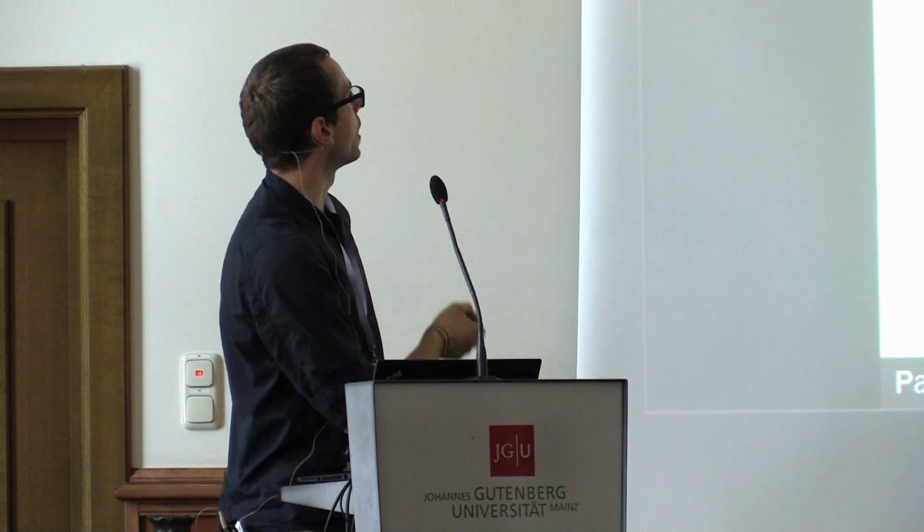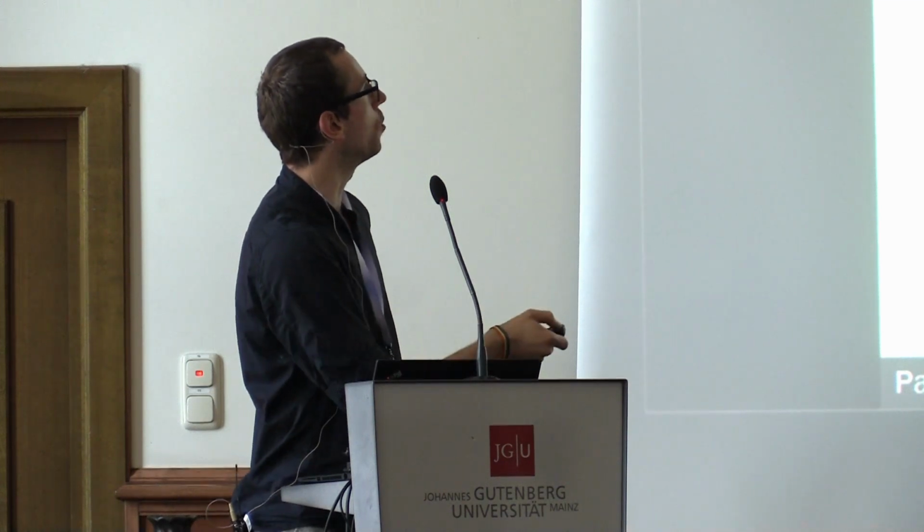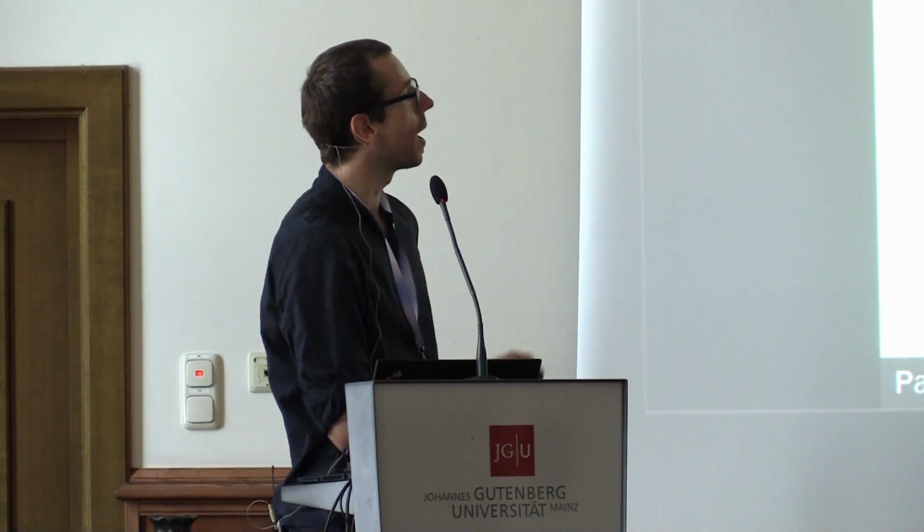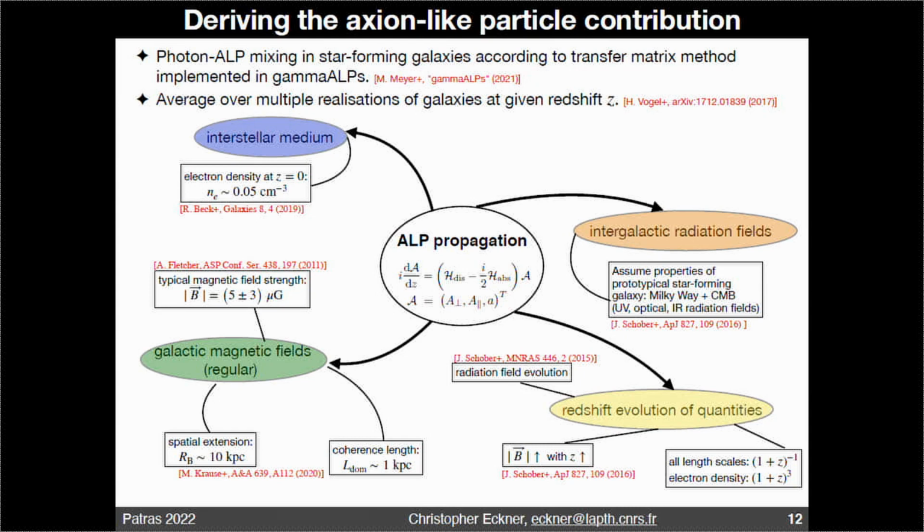And, well, I just give you all the references to see what we do in terms of the properties. I just want to highlight here that for the properties that we are looking at, for example, the magnetic field strength, there should be some evolution with redshift. And in our approach, we assume that the magnetic field strength in those star-forming galaxies also increases with increasing redshift, according to the description given here.